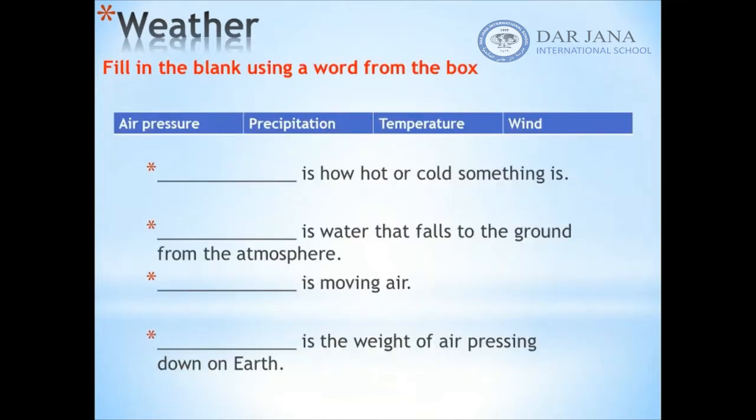Now, let's fill in the blanks with the words from the box. I will read the words in the box. Air pressure, precipitation, temperature and wind. Air pressure. We all know that the word pressure means pressing. So remember the atmosphere, it's made up of a blanket of gases. They are layers of gases. These layers, they press on earth.